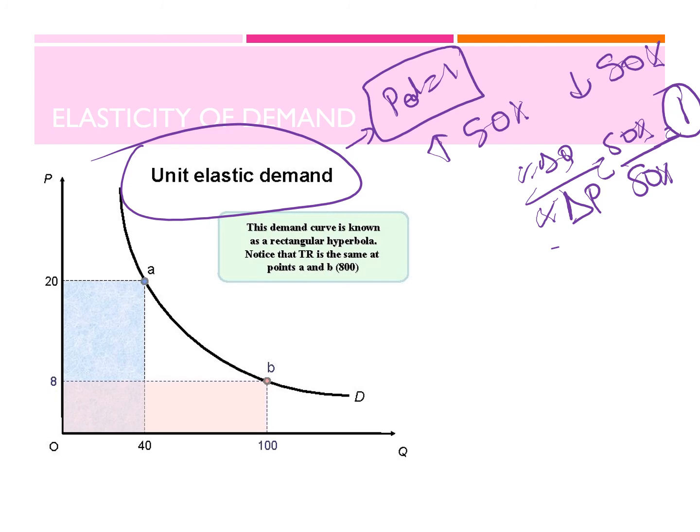At that point, I know you might be a bit confused, because the change is the same amount. Now, when my demand curve looks like this, I call that in math a rectangular hyperbola.